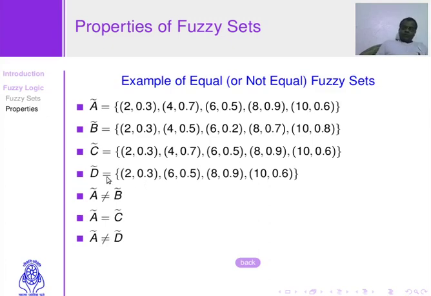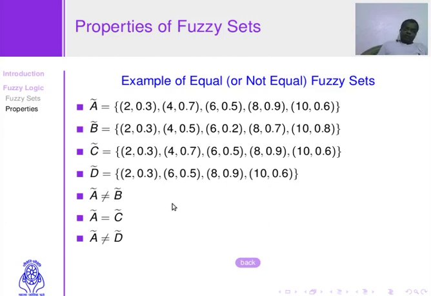Now one more case, we have another fuzzy set D. Degree of membership for 2 is equal to the degree of membership for 2 in set A. But you can observe that we do not have any entry for element 4 in fuzzy set D. It simply means that degree of membership for element 4 is 0 in fuzzy set D. That's why it is not written here.